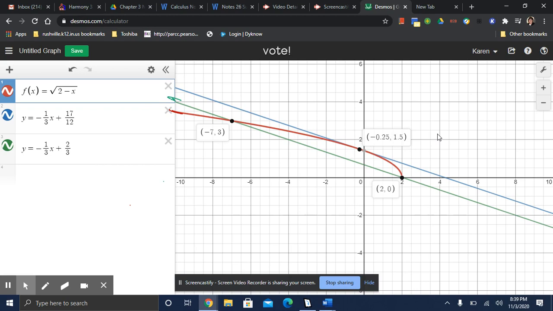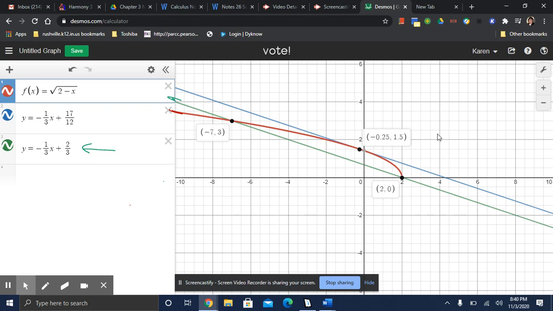And the slope of that line is -1/3. And you could check that out, and that is actually this equation right here. It's the line that connects those two endpoints.